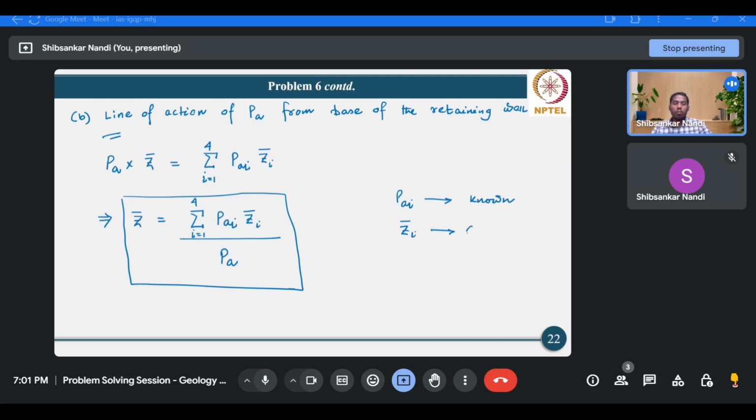Now once you have the ZI bars, you can substitute those values in this equation. You can easily get the lever arm, or the line of action of PA, on the base of the retaining wall.